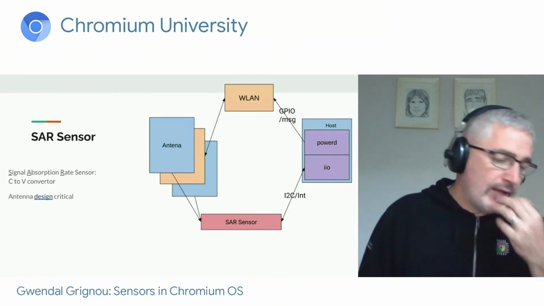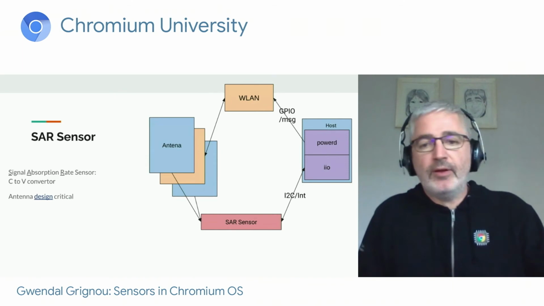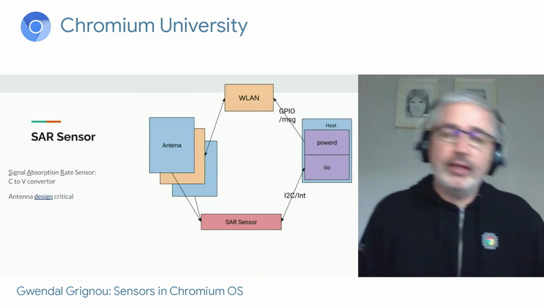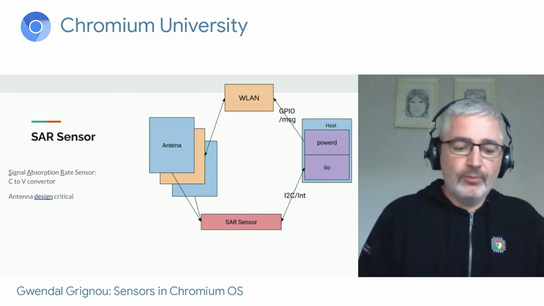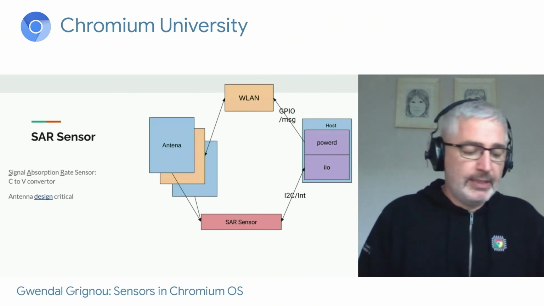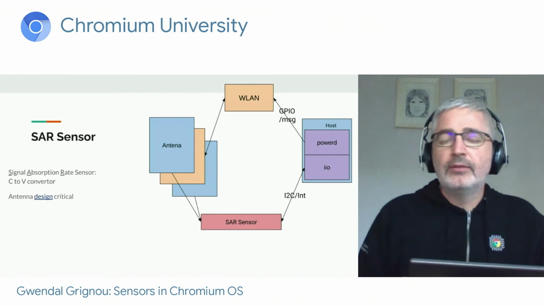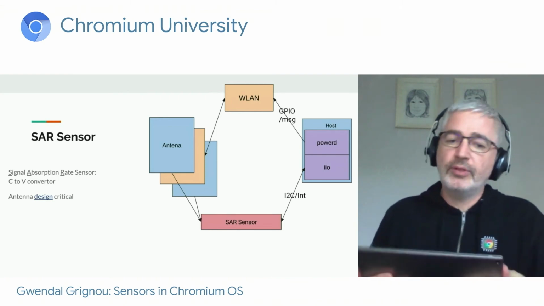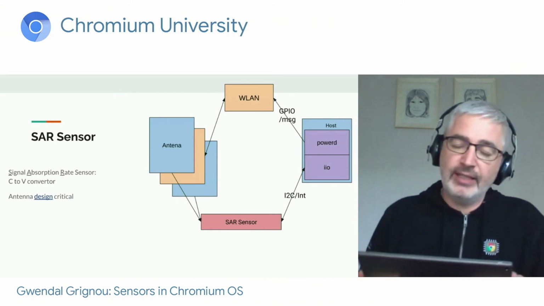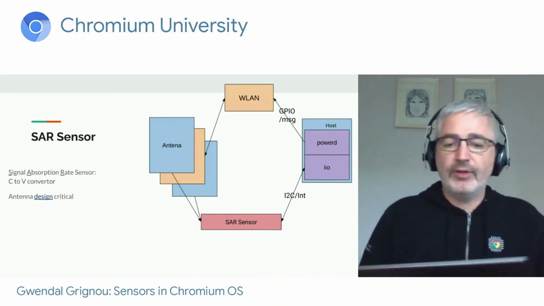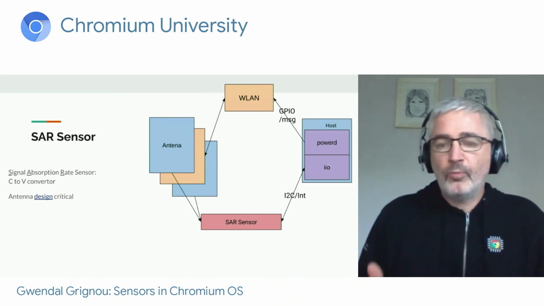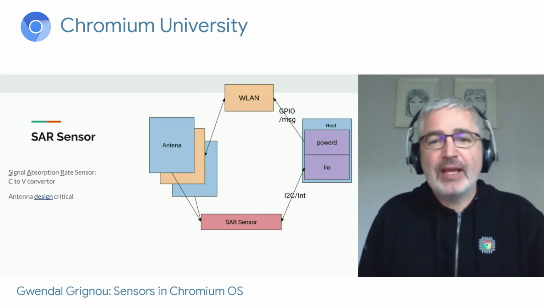The FCC requires that when a human is near an antenna, either LTE or WLAN, the Wi-Fi, we lower the power of the antenna to prevent harmful radio emission. So what is the SAR sensor made of?